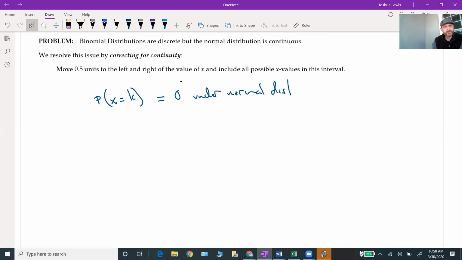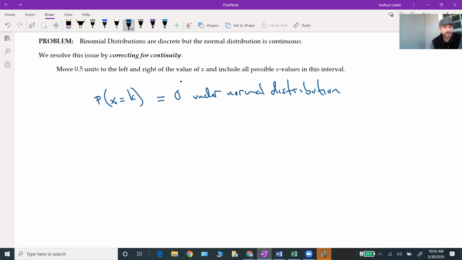Because you have to give it an interval, right? You have to say from here to here. Well, from some value to itself, there's no distance involved there. But under a binomial distribution, that's not necessarily zero. In fact, it usually won't be.